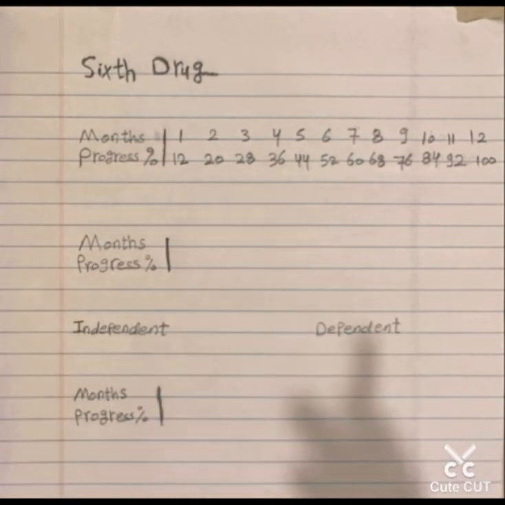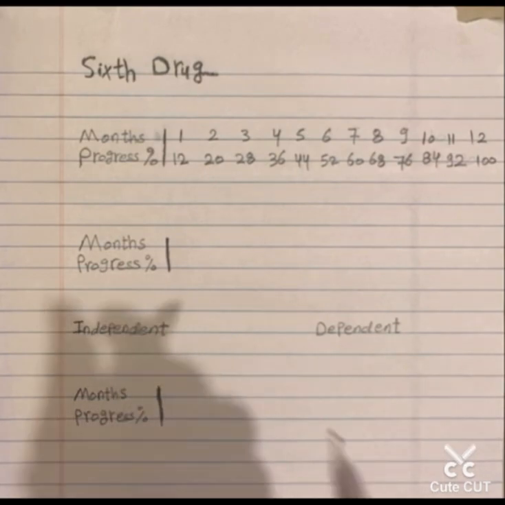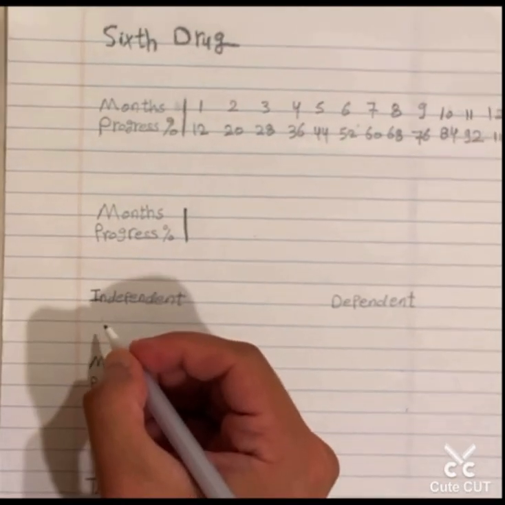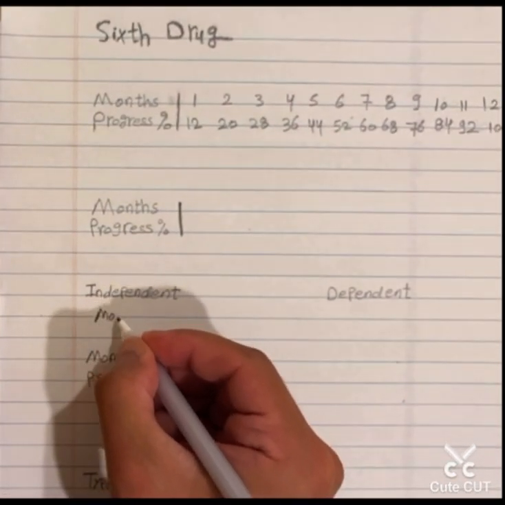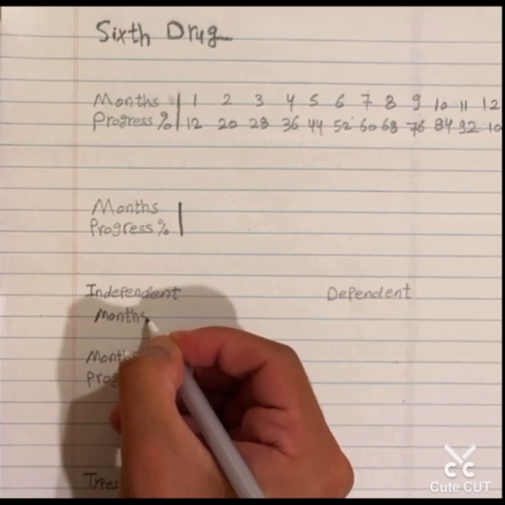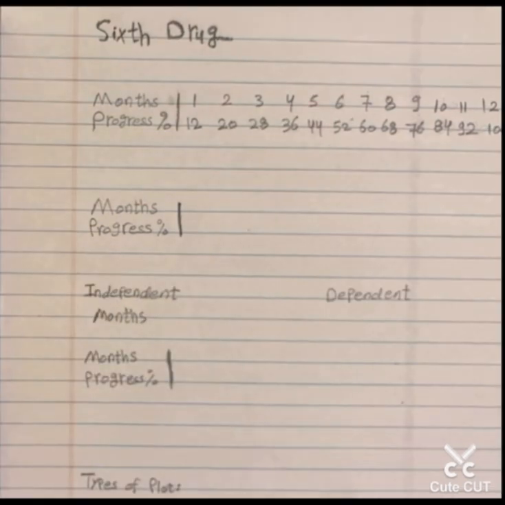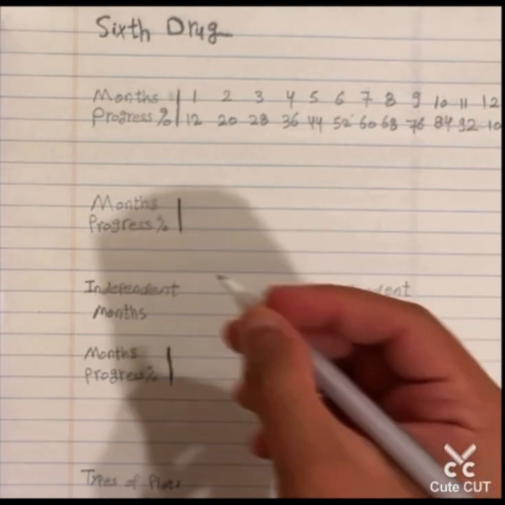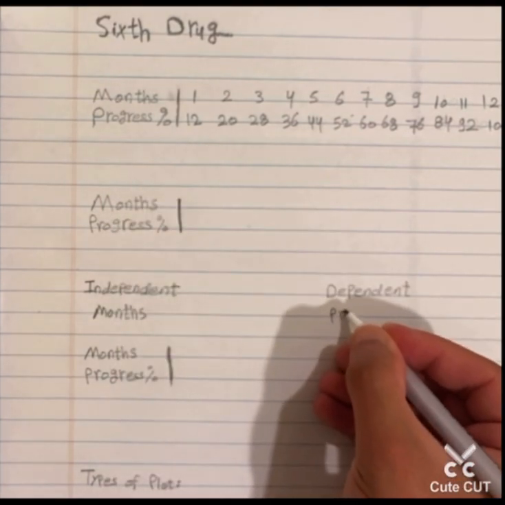The values I'm putting in the equation are called independent variables, which in this case will be the months. And the values that are shown after substituting the independent variables in a certain equation are called the dependent variables, which in this case will be the progress percentage.